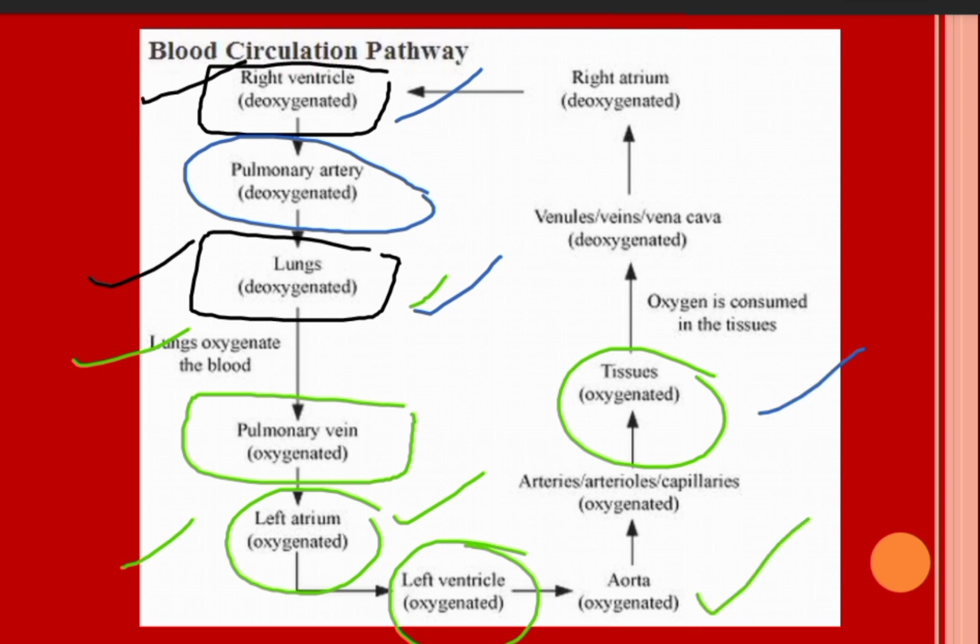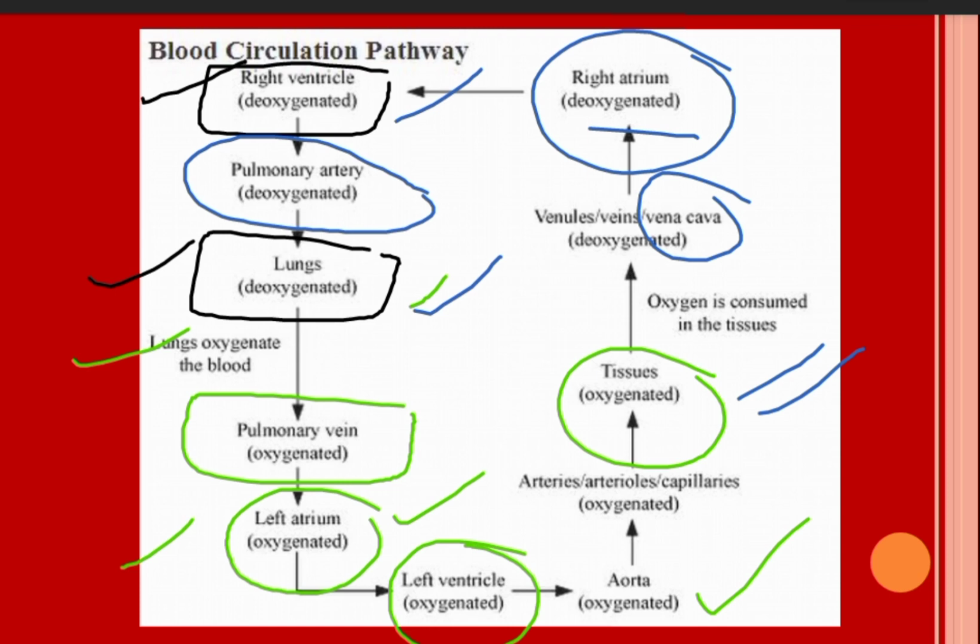Now the deoxygenated blood again comes from the body, and this is carried by the vena cava from the body to the right atrium. Now the blood is in the right atrium, and that blood is deoxygenated. Again the same pathway goes on in this blood circulation cycle. Clear हुआ कि how this cycle goes on in a particular manner.